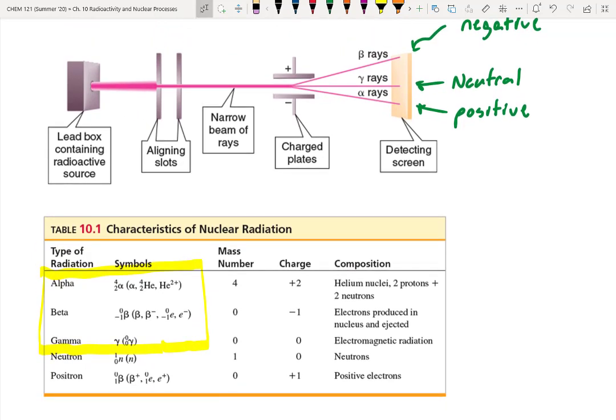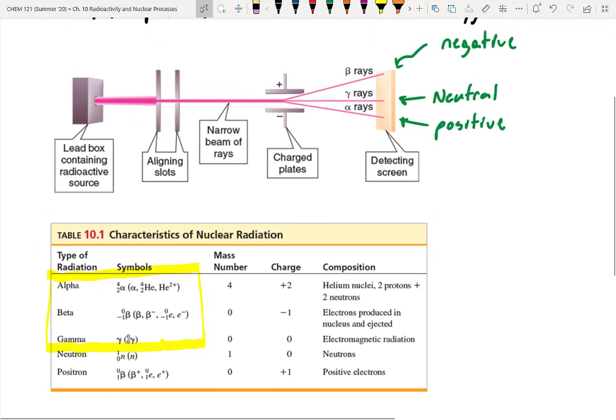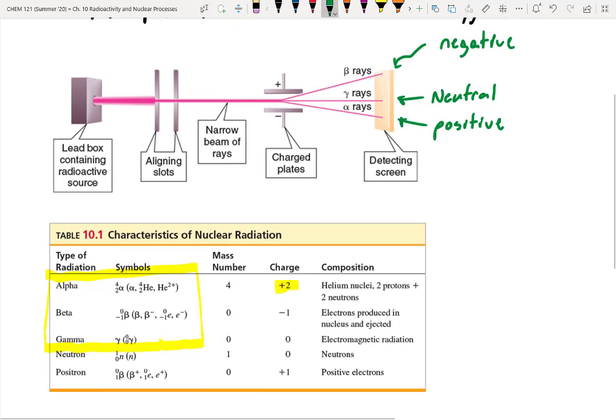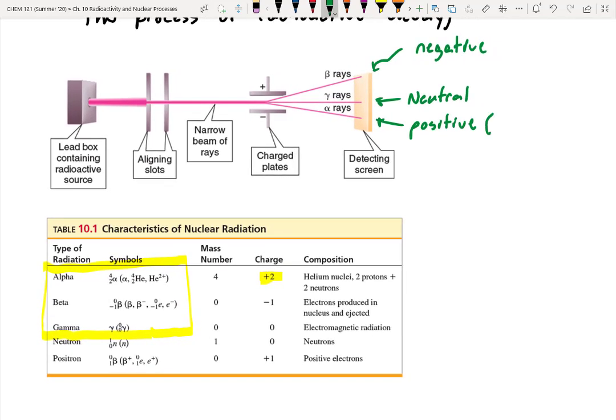In fact, you can see that the alpha rays have a positive 2 charge. Underneath it, the beta particles, which were deflected up, must have been negative 1. And then obviously a neutral particle, like a gamma ray, has no charge.